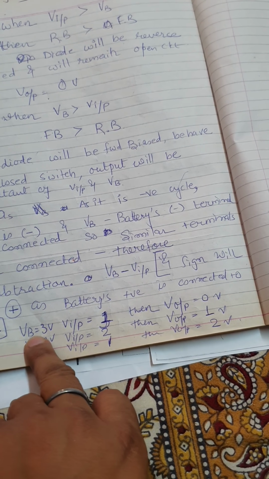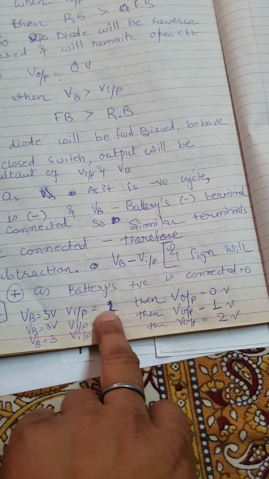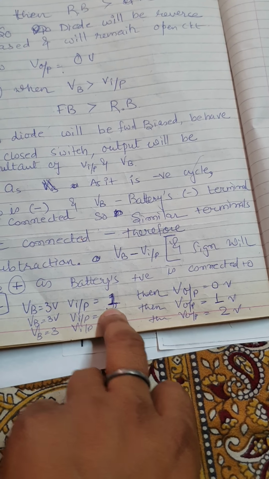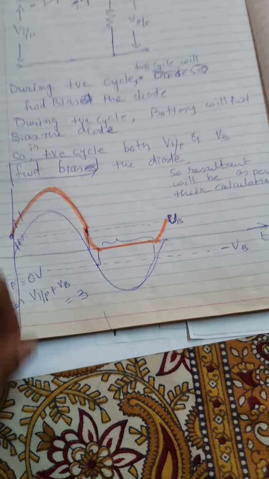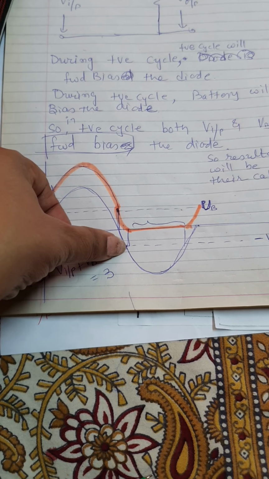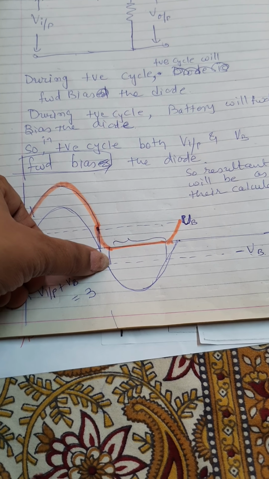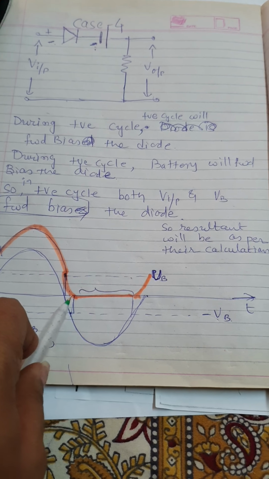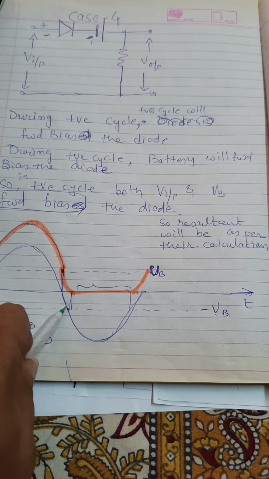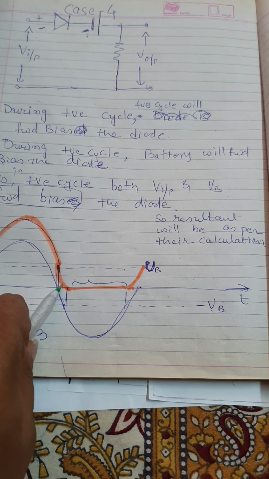Now let's consider how VB minus V input will happen. If VB is fixed at 3 volt, when V input is 3 volt and the battery also is 3, it is 3 minus 3, equal to 0 volt. When V input is 2 volt, it is 3 minus 2, that is 1 volt.